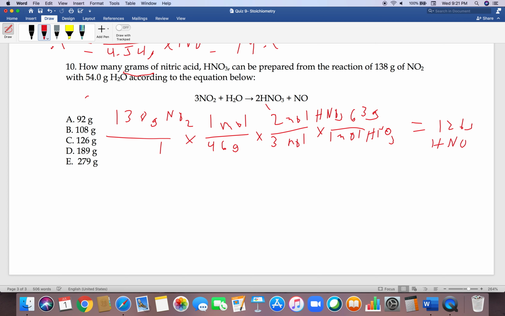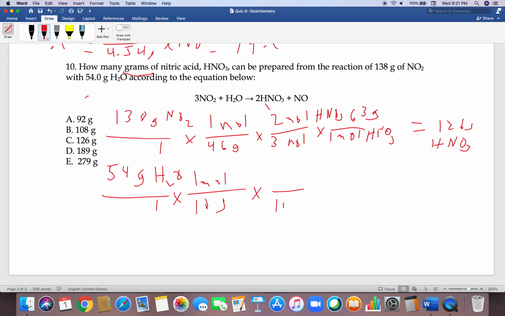So we do see that as an option here, but we need to make sure that the 54 grams of water doesn't give us anything less, because that would be the limiting reactant. So we need to be safe. And so 54 grams of water, 1 mole is 18 grams.